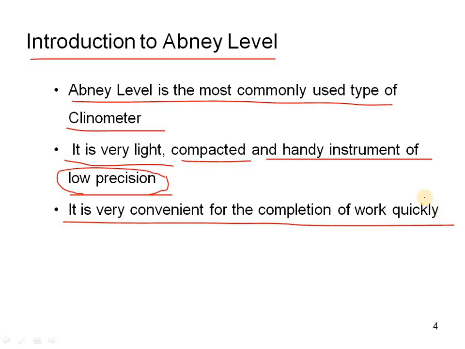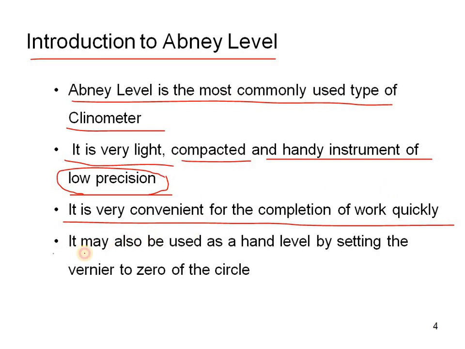So with this Abney level, we can do the work very easily because it is very lightweight. We can handle it with our hand, and it may also be used as a hand level by setting the vernier to 0 of the circle. So just now I have said, it may also be used as a hand level. So the Abney level is also called a hand level.